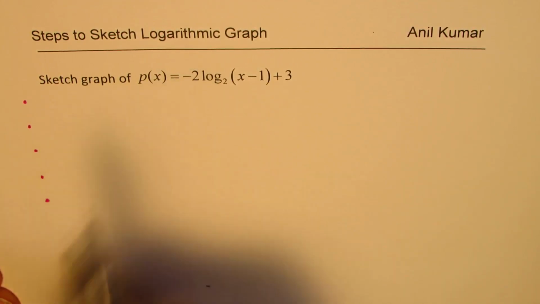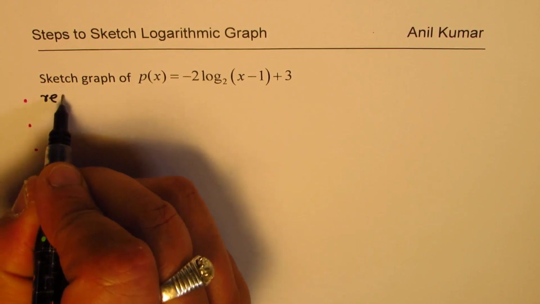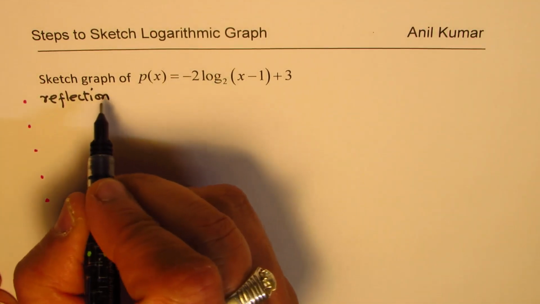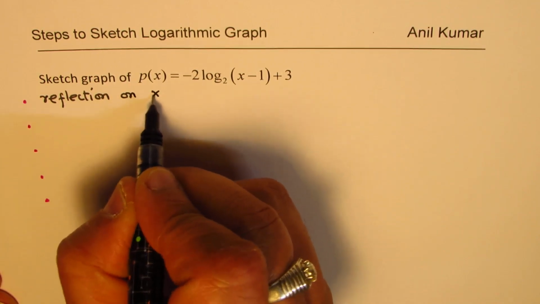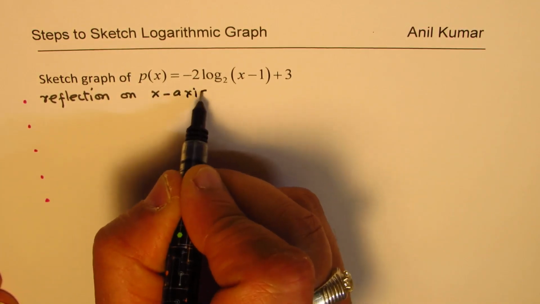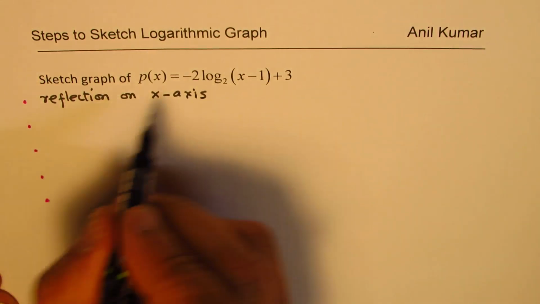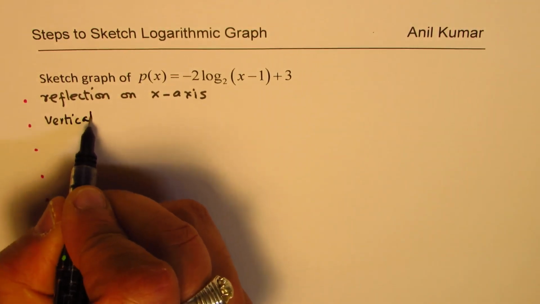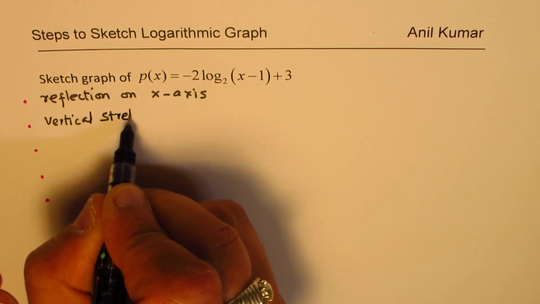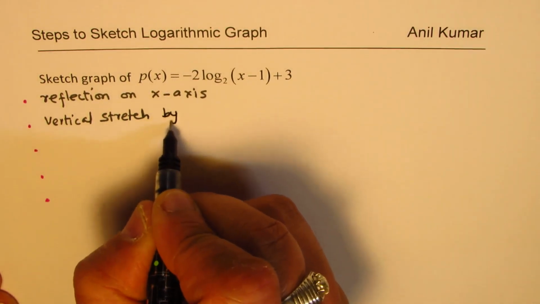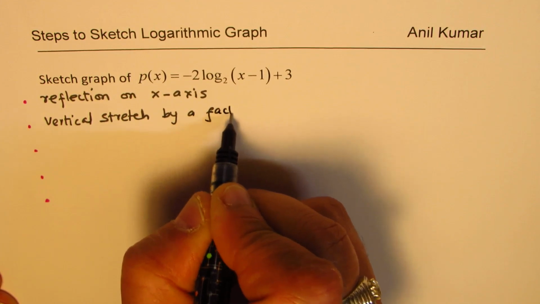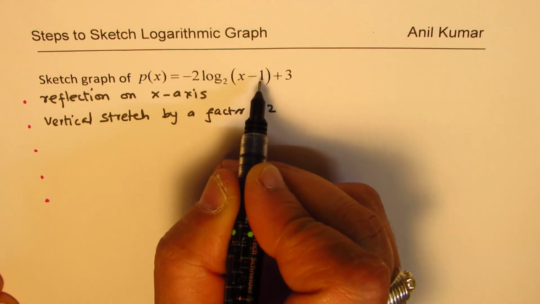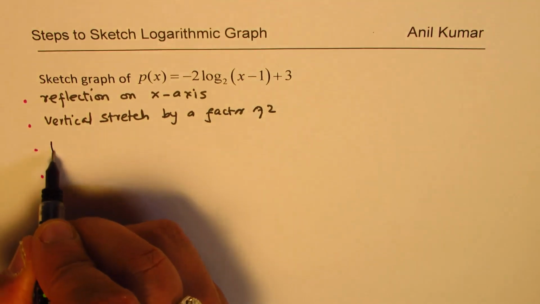That negative is what? It is a vertical reflection on the x-axis, correct? This is the first part. How about this 2? 2 is a vertical stretch by a factor of 2. Now negative and then 1. This 1 means what?